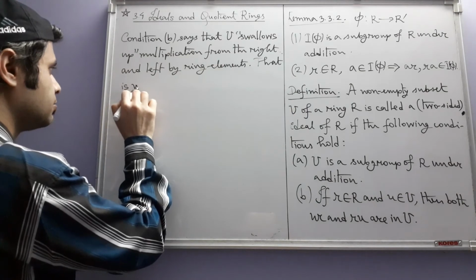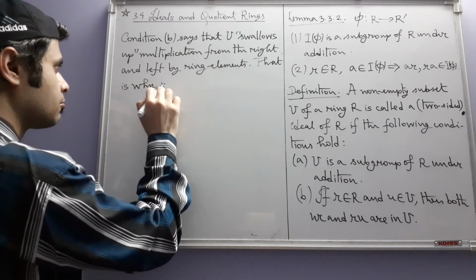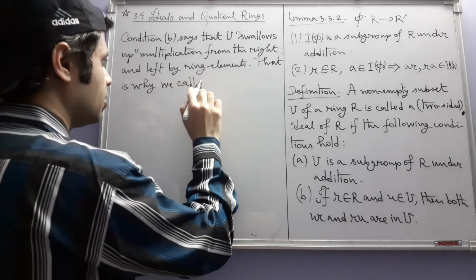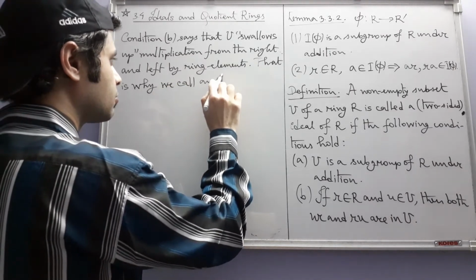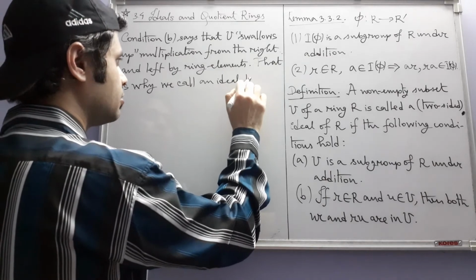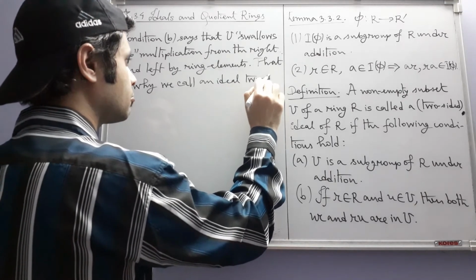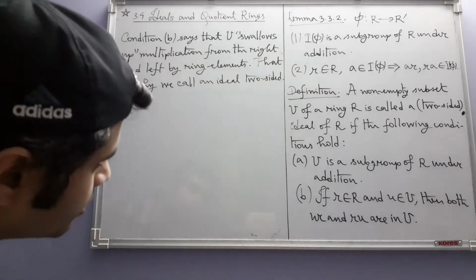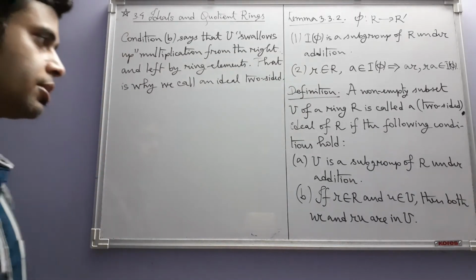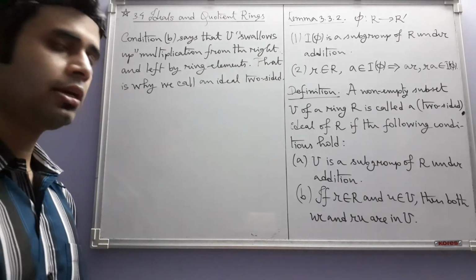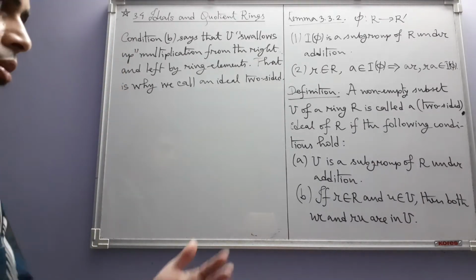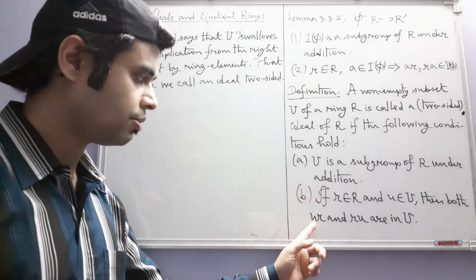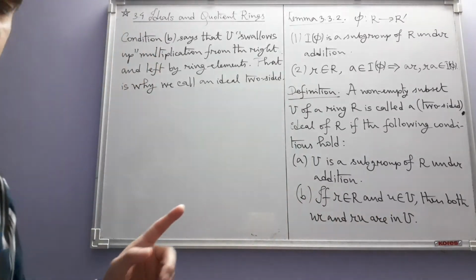That is why we call an ideal two-sided. Okay. Now there are some concepts where we have only one-sided ideals. I mean, they are not, of course, ideal in this sense, but they satisfy only one of these conditions.